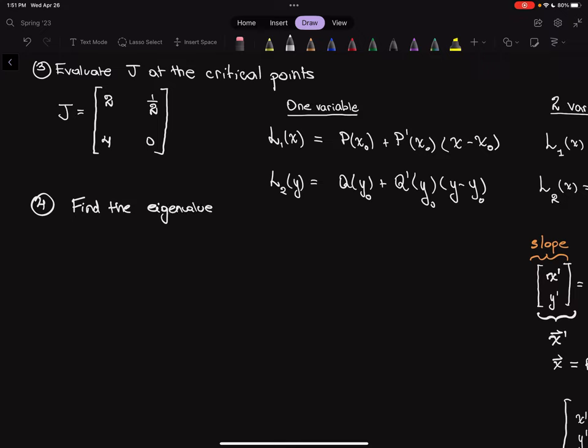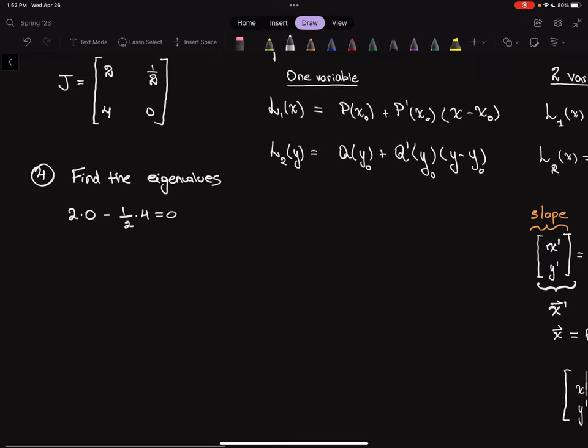So that's going to be, the determinant must be equal to 0. So 2 times 0 minus 1/2 times 4 has to be equal to 0. Well, not exactly that. We have to first subtract lambda from the diagonals, and that comes from the eigenvalue problem.